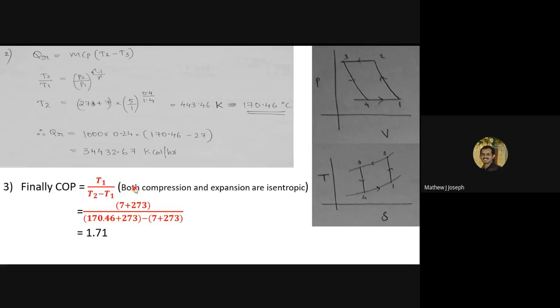Because in the question itself they are telling both compression and expansion are happening as isentropic. So we can just substitute our values for T1 and T2 here in Kelvin terms or SI units terms, and finally the COP value is found out as 1.71. That is the final answer. So now we have solved our entire problem. Thank you.